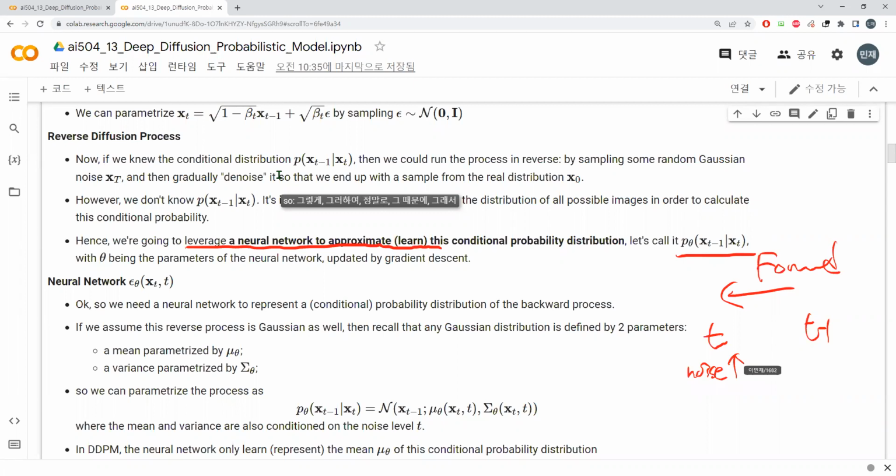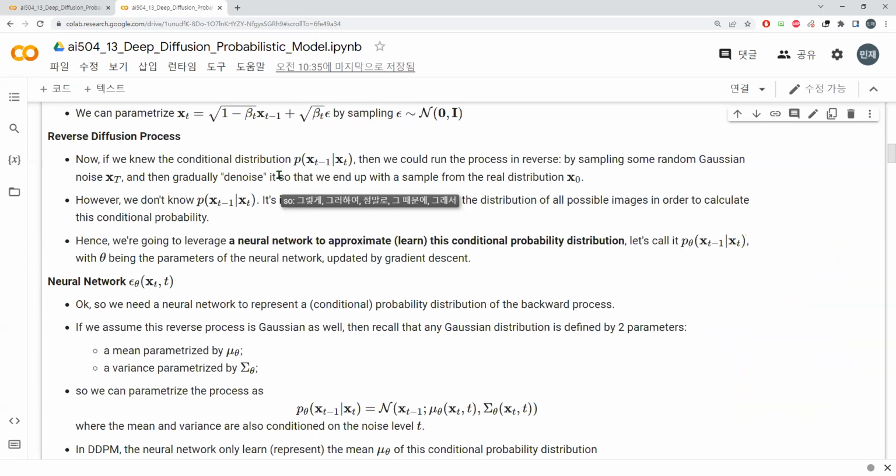So if you go from t to t minus 1, then it means denoise, right? So x_{t-1} given x_t means go from x_t to x_{t-1}. So this means the denoising process, which is parameterized by theta in our UNet neural network.